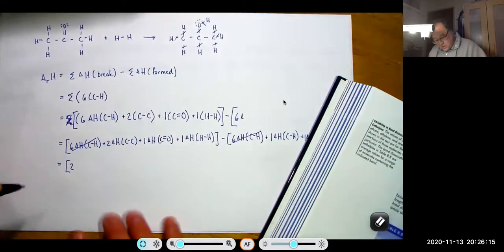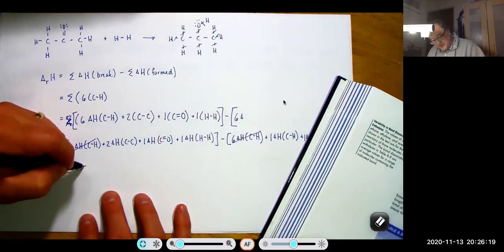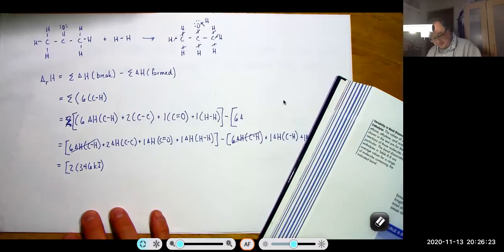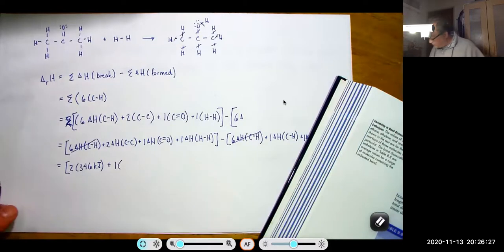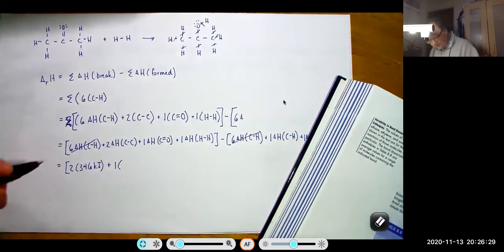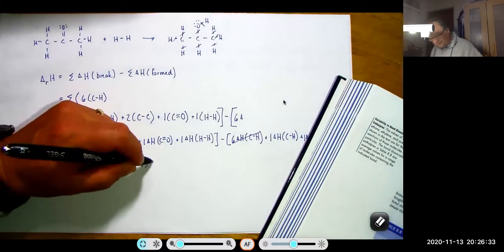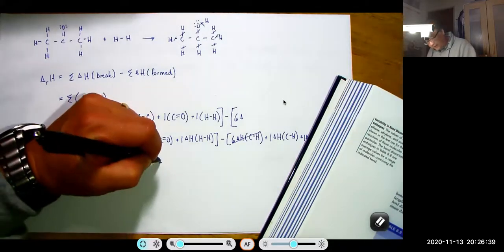So a carbon-carbon single bond is 346 kilojoules. I'm going to leave the per mole off. +1 times, so carbon-oxygen double bond is 745 kilojoules. And here, a hydrogen-hydrogen single bond is 436 kilojoules.